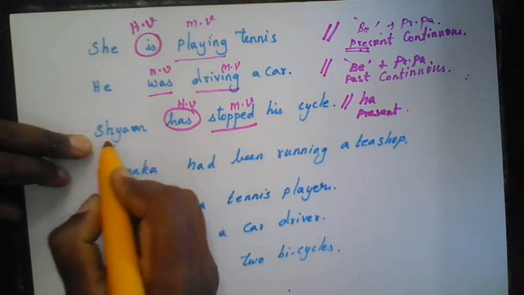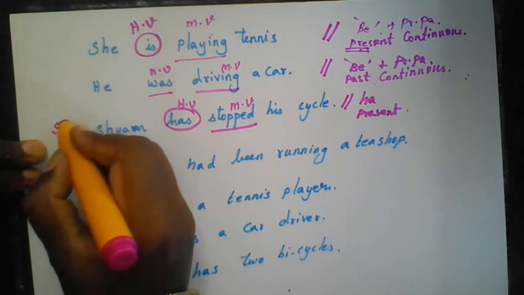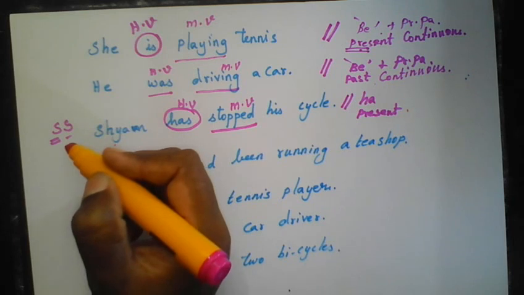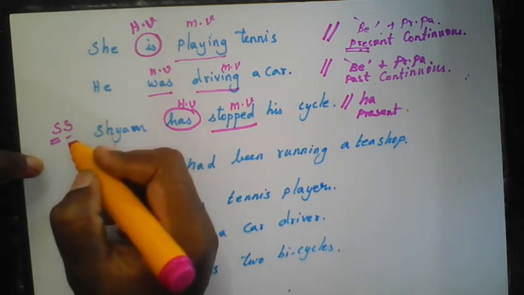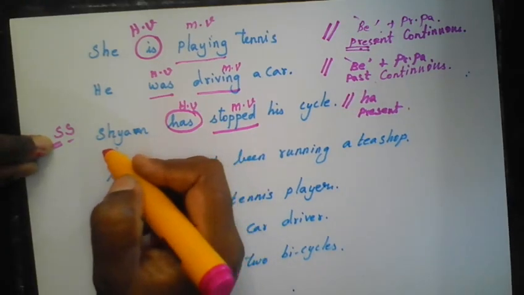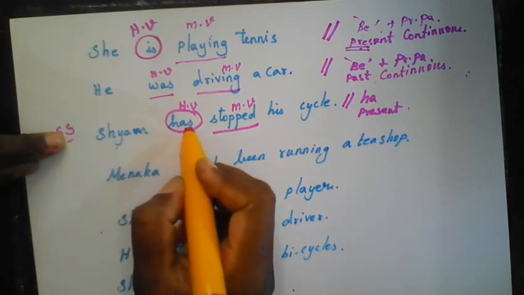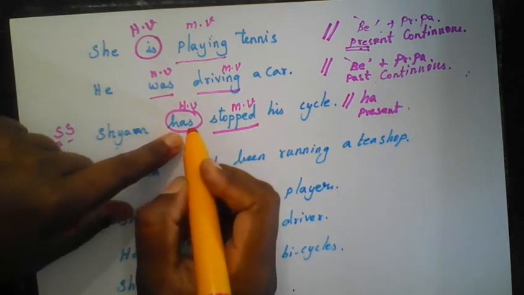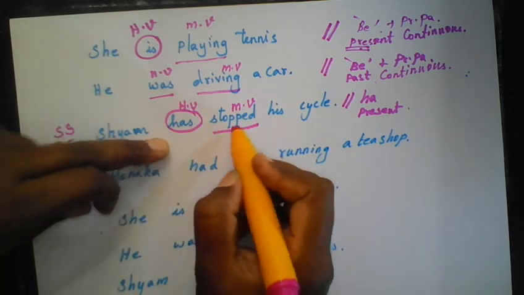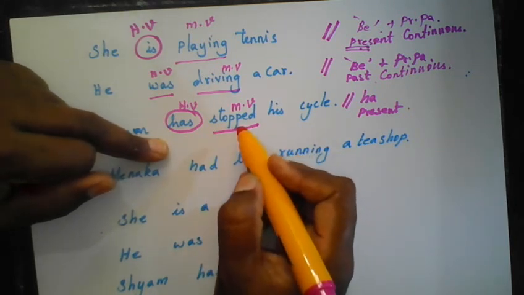See, Shyam is your singular subject. As it is a singular subject, I told you the mantra: if it is present tense, you should have it in your mind: SS, PNS, INS, UNS, right? As Shyam is your singular subject, s is to be added. So what is the have form here? Has, right? So s is added here. Then stopped, don't confuse it. Has is present tense, stopped is past tense, right? Many of you will confuse like this.